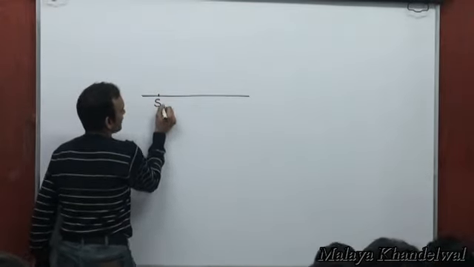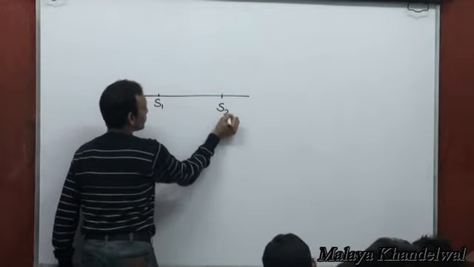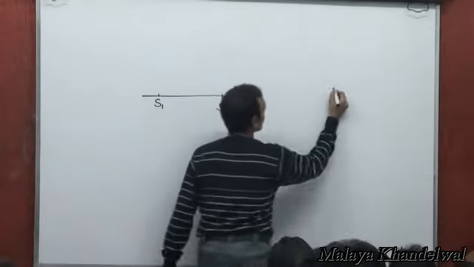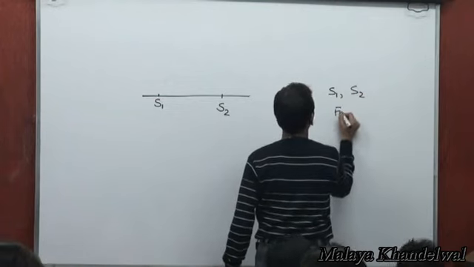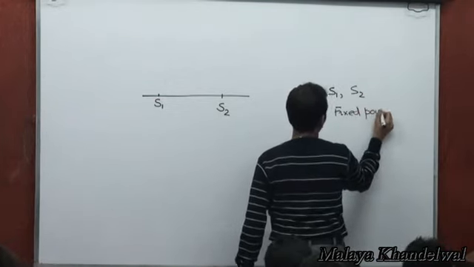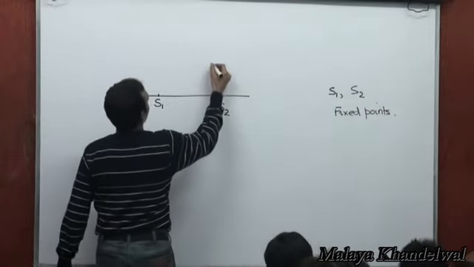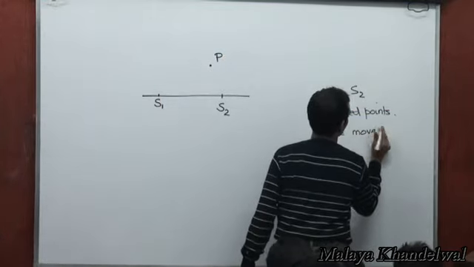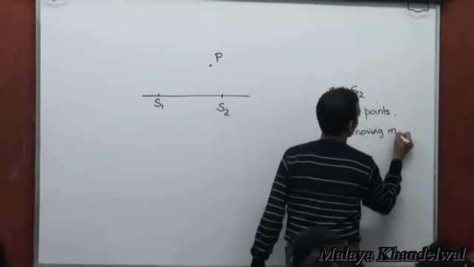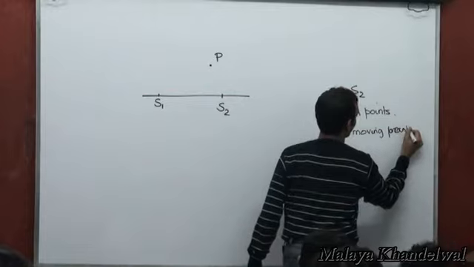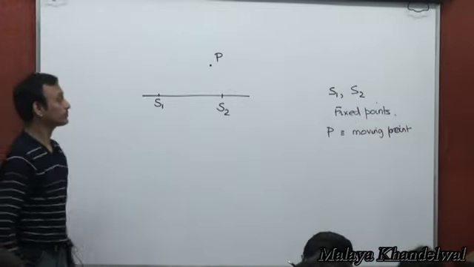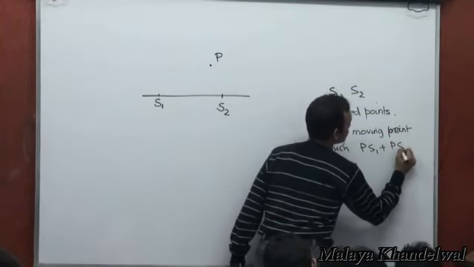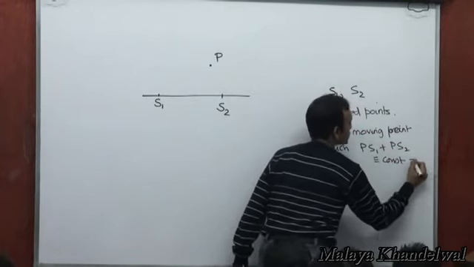Now, if there are two fixed points, S1 and S2, and P is a moving point such that PS1 plus PS2 is a constant, that constant is commonly referred to as 2a.